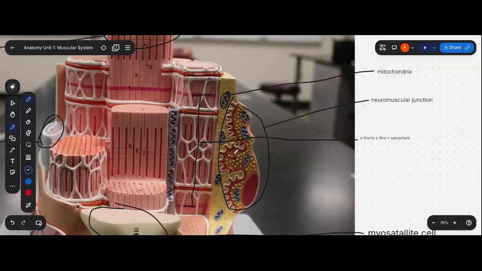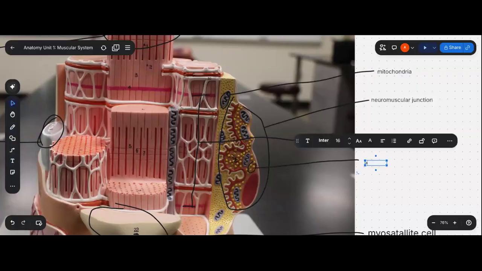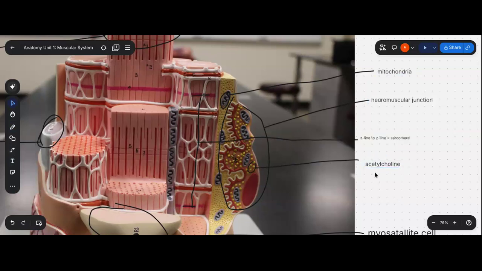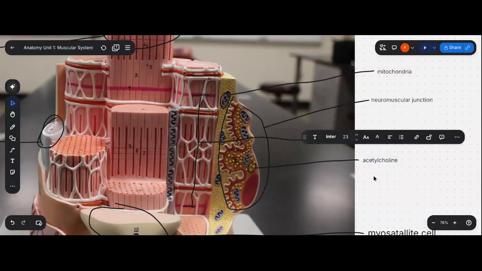And then finally, these tiny yellow neon dots over here, all of these guys, that is acetylcholine. And acetylcholine is extremely important when you are looking at the sliding filament theory, which basically describes how muscles are going to contract.